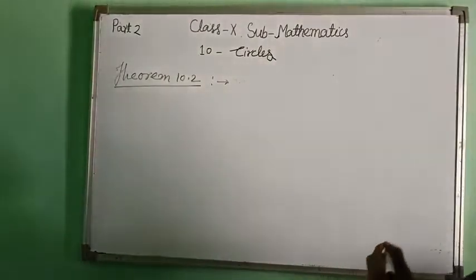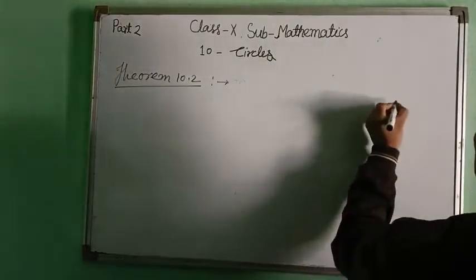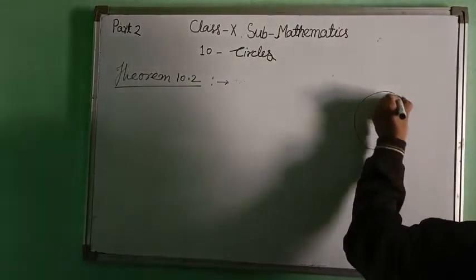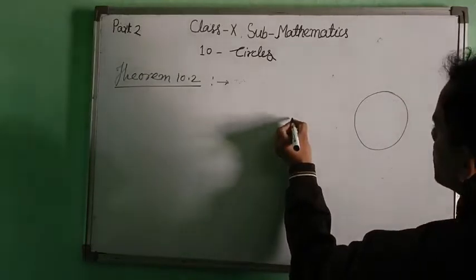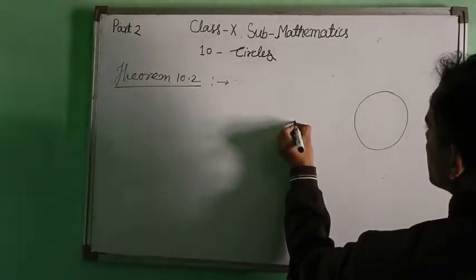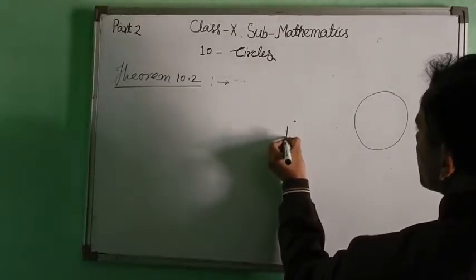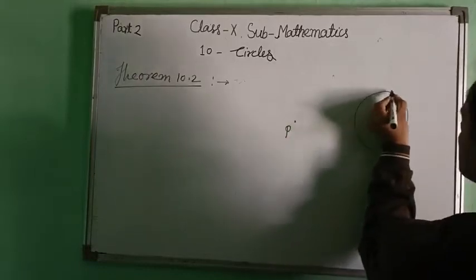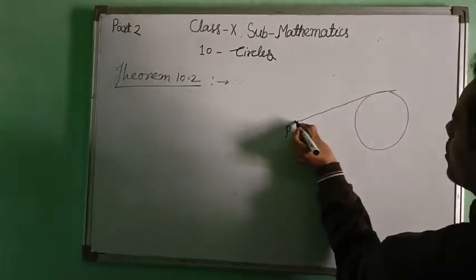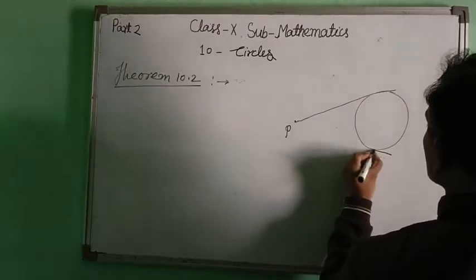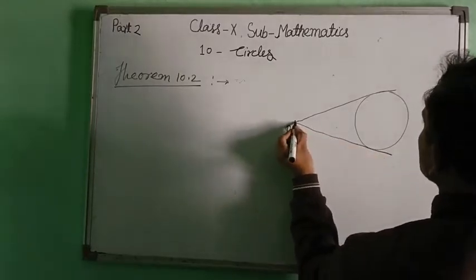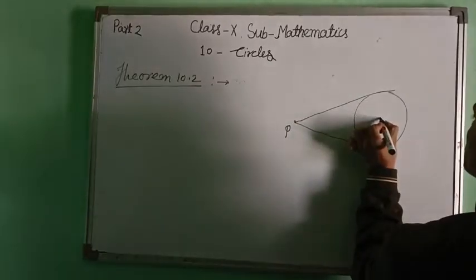Okay, suppose this is a circle and P is any external point. And from here we are able to draw two tangents, as we said earlier.